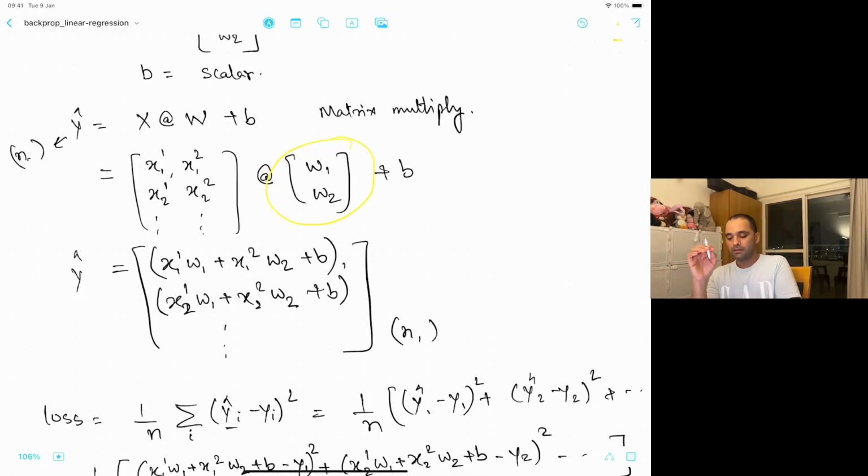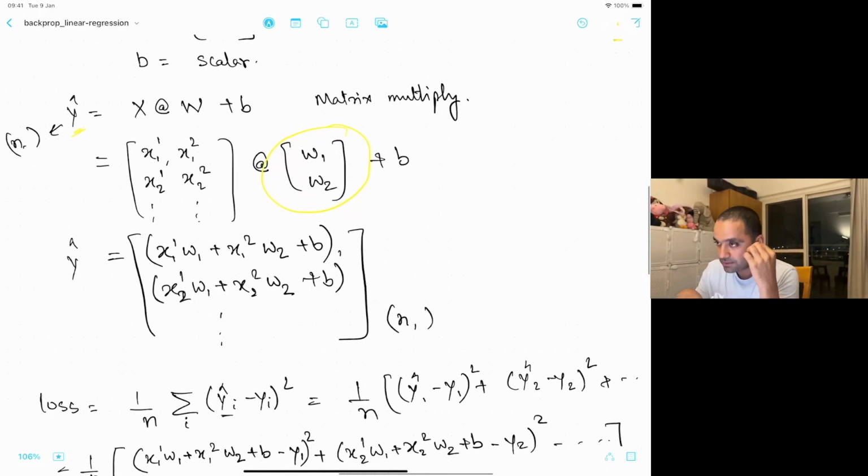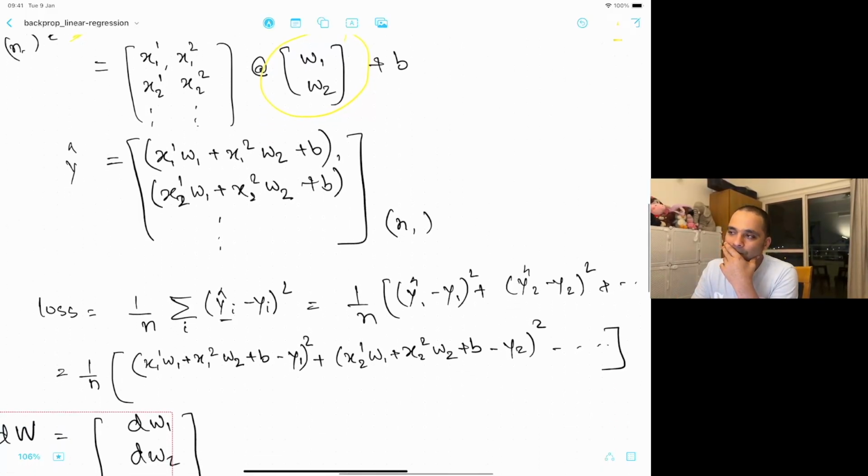Whatever minute changes we make to w1 and w2 would impact y hat to some degree. We'll have to evaluate how w1 is impacting y hat and how w2 is impacting y hat, basically when we change w1 and w2 minutely.